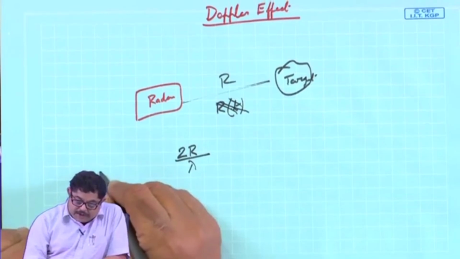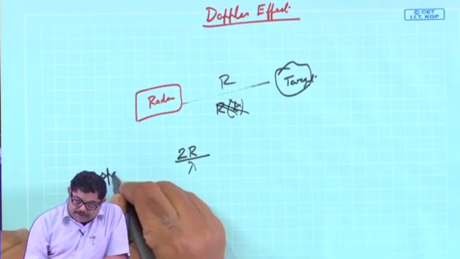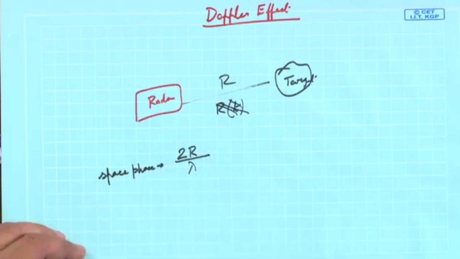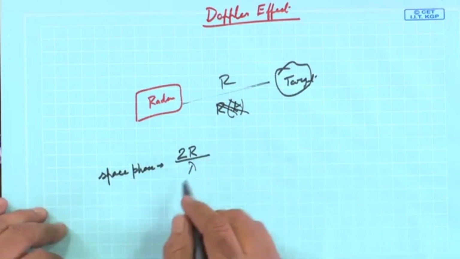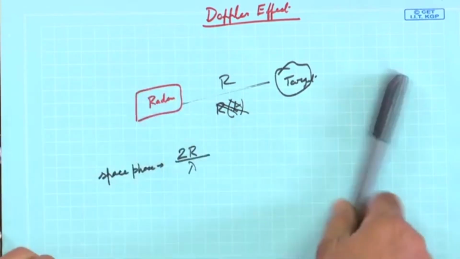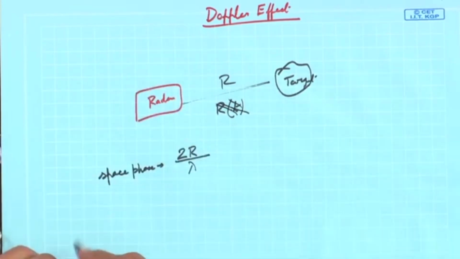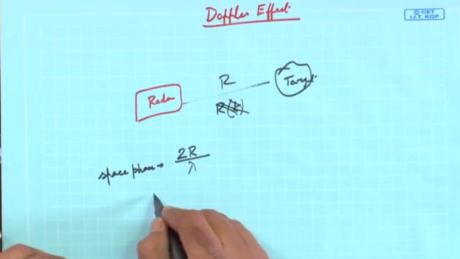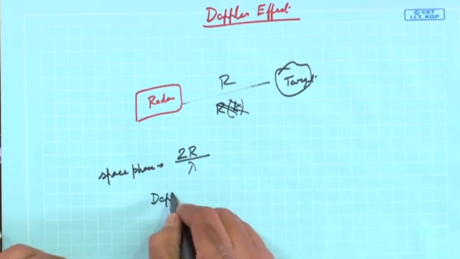This is the space phase, is it not? Now, we know that the rate of change of phase is frequency. So we can easily find out the Doppler frequency. I can easily derive that mathematically.